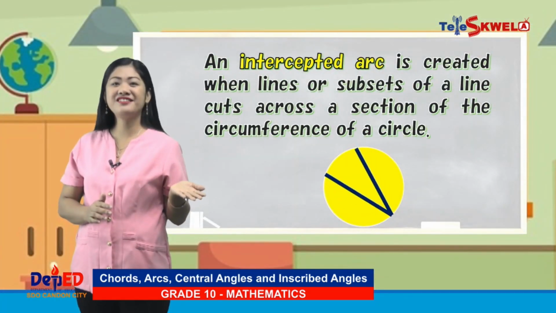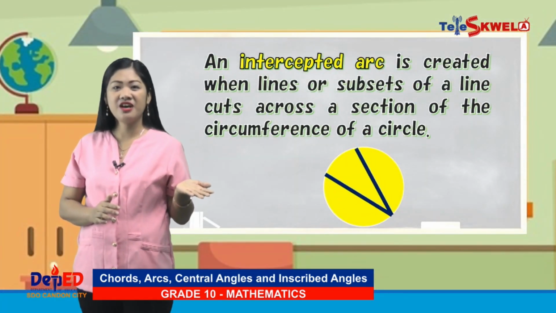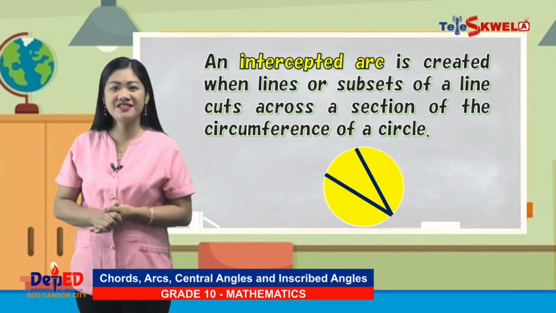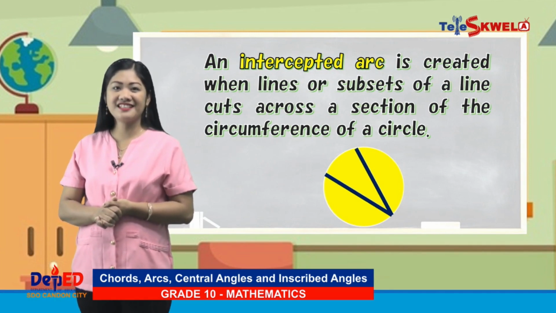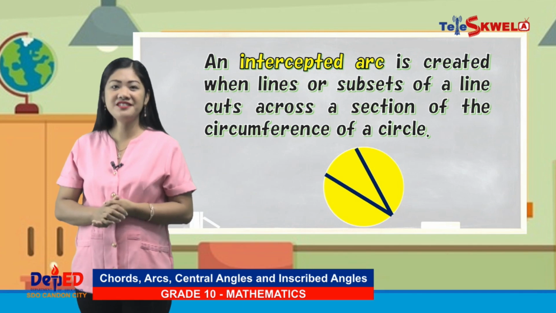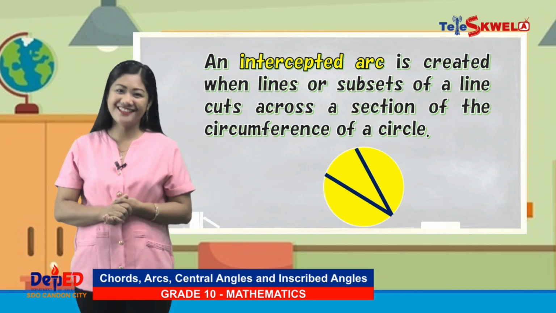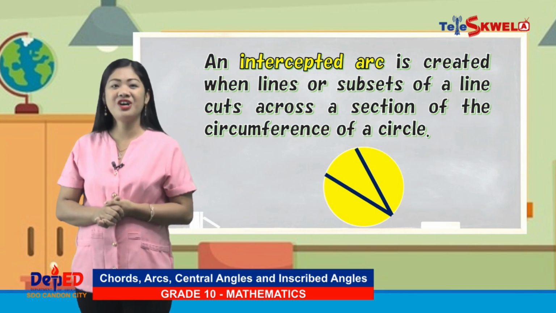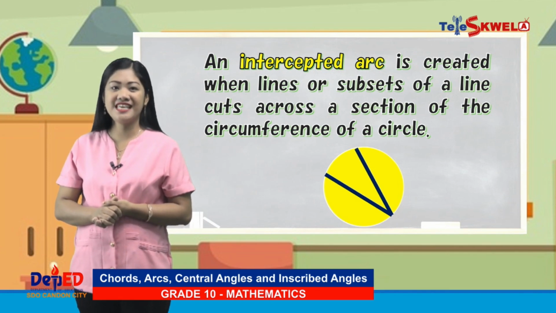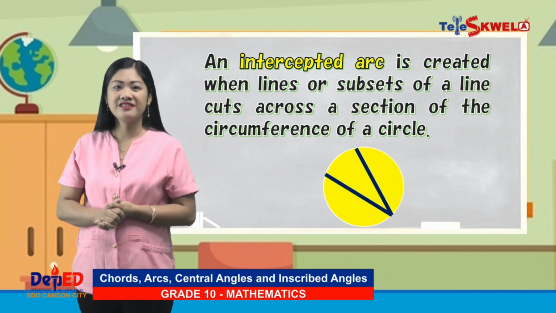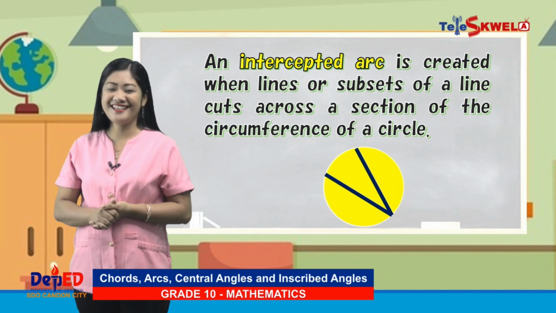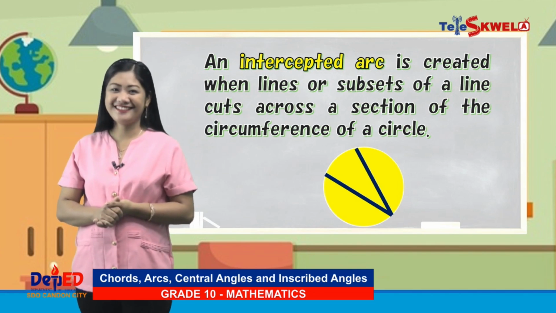An intercepted arc is created when lines or subsets of a line cut across a section of the circumference of a circle. The intersection of lines or subsets of it are on the circle, thus forming an inscribed angle.